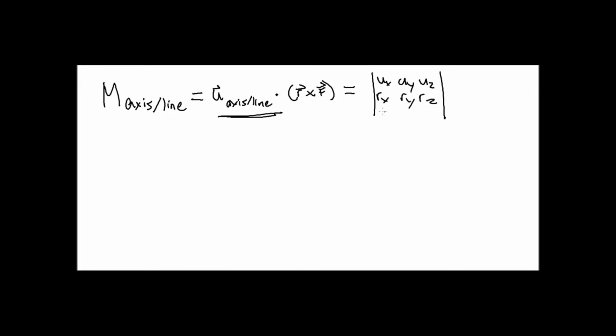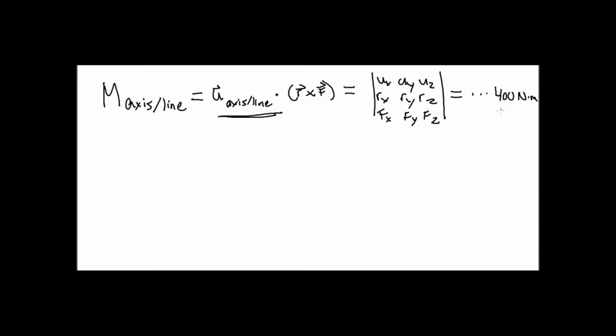We fill it in with first the components of our position vector, and then finally with the components of our force. Now, once you finish doing all of this, what you'll actually end up with is just a number. Let's just say, for sake of argument, that it'll be 400 Newton meters.